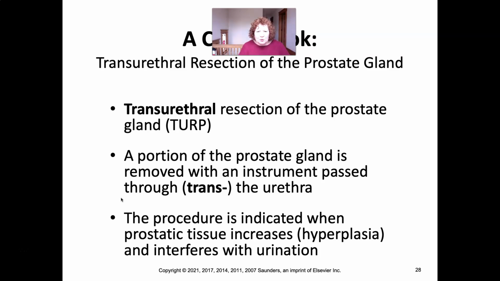So they remove a portion of it through the urethra. Typically they do the procedure because a man is having difficulty urinating. The prostate gland is squeezing off the urethra, and so that's why they've got to go in and do this procedure.